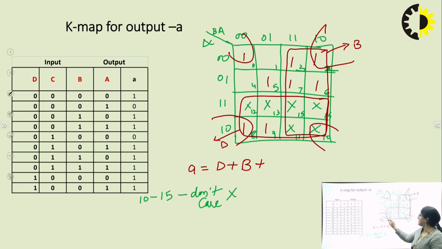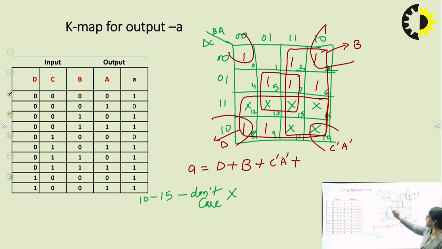So here we find that C dash is not changing, and A is not changing. A is 0, so we represent it as A dash. Now we are left with 1, 1, so we make this a quad, because to make it an octet, we need something here which is not there.